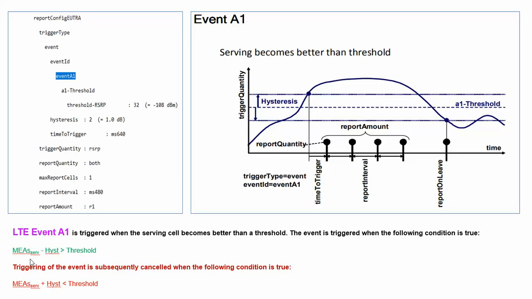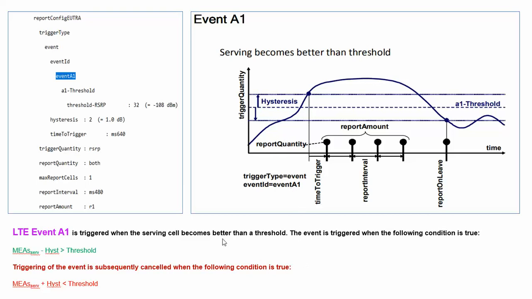Now we place everything in the condition. Measurement is minus 72, minus hysteresis 1 dB, so minus 72 minus 1 is minus 73, and the threshold we set is minus 75. So minus 73 is greater than minus 75, and the network will trigger the A1 event.